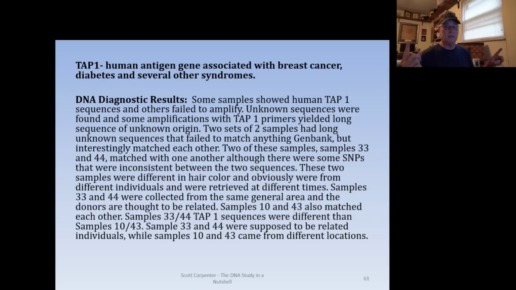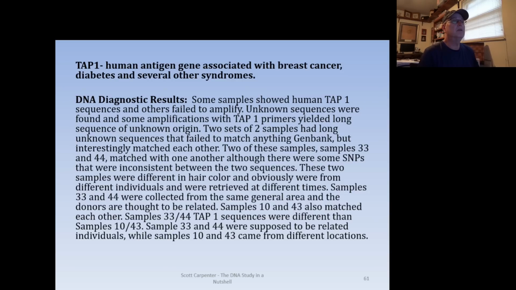In other words, these two sets of samples that came from two different Sasquatch matched each other, which was a smoking gun. It's more than a smoking gun. It basically says these two individual Sasquatches match, not related as in a blood relationship, but are the same species.